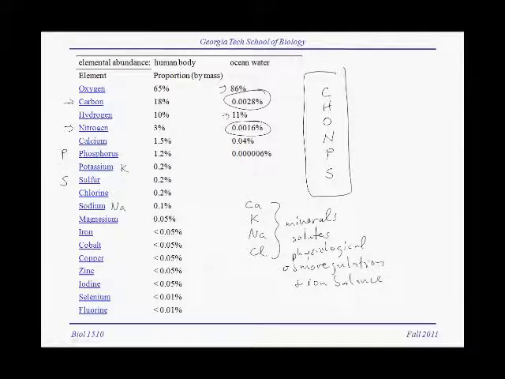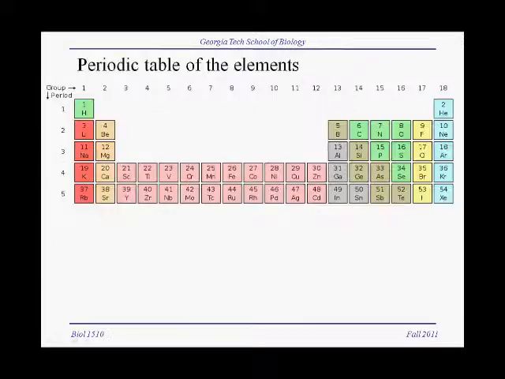Okay? And now we're going to look at why these elements combine in the way they do to make organic molecules. So the basic thing is, how does carbon combine with all those 5 other elements, okay, to form organic molecules?